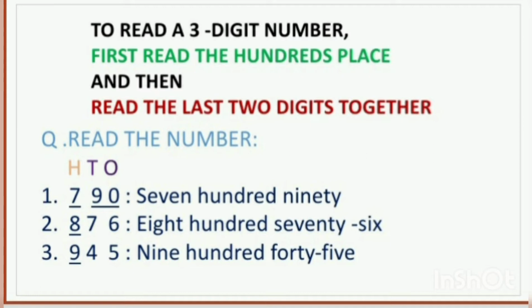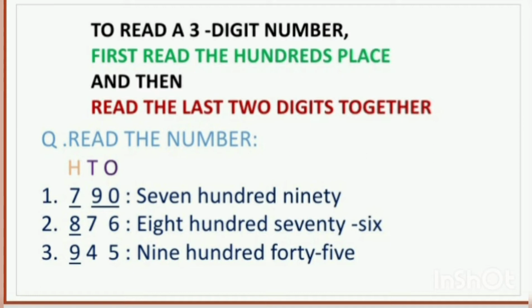Children, now you need to learn how to read a 3-digit number. For that, what you need to take care is, first try to read the number in hundreds place, and then you have to read the last two digits together. For example, here the first number given is 790. Okay, and on top of that you can see the places are also mentioned: ones, tens and hundreds.